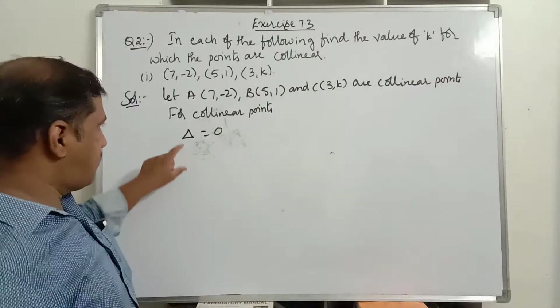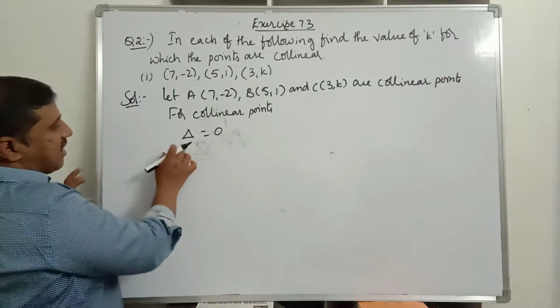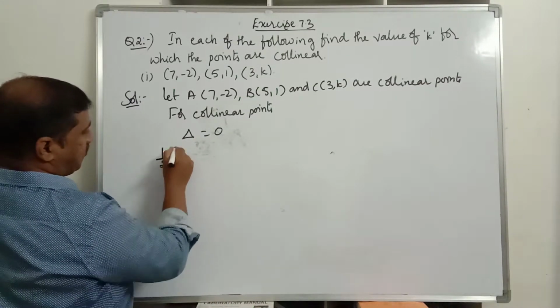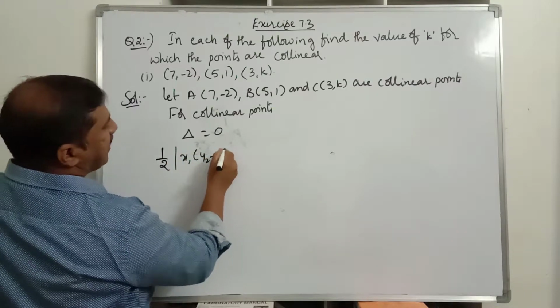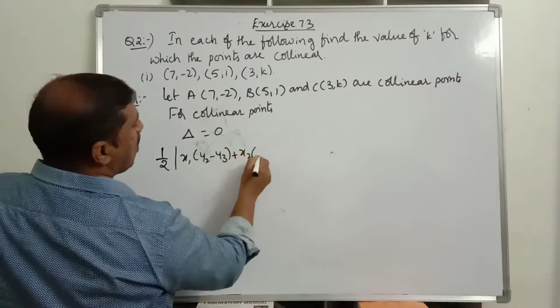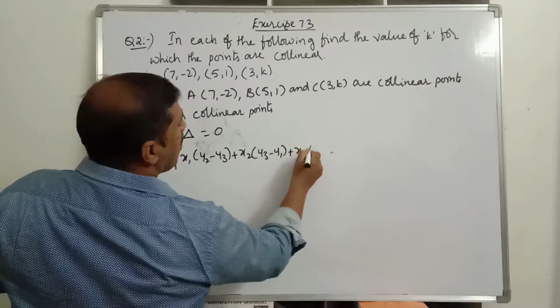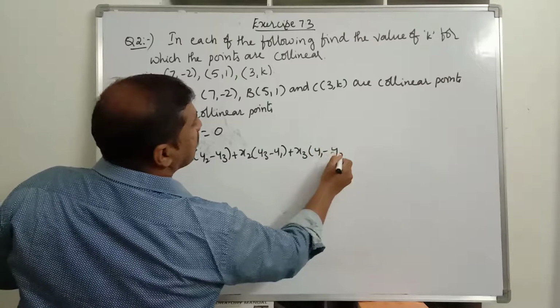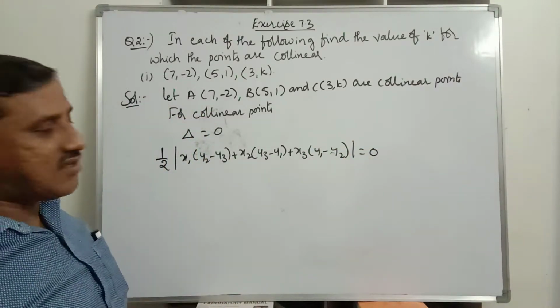What is the delta here? Area of triangle. Now what is the formula for the area of a triangle? It is half into modulus of x1 into (y2 minus y3) plus x2 into (y3 minus y1) plus x3 into (y1 minus y2), that is equal to 0.